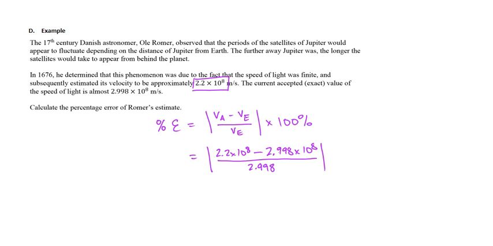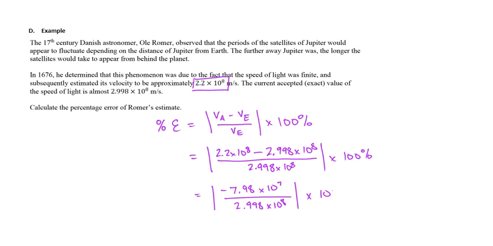So you're basically trying to figure out what percentage of the exact value you are off by, and then we multiply that by 100%. So when you do this on your calculator, you'll get the difference to be negative 7.98 times 10 to the 7, and we still have to divide that by 2.998 times 10 to the 8.